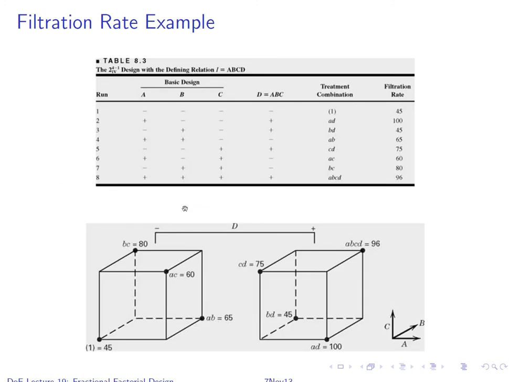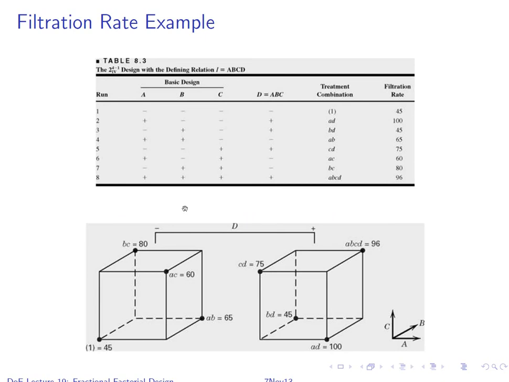So, here's the graphical depiction on the bottom. I see two cubes that represent the factors A, B, C, and the cube on the left is the cube where the fourth factor D is low, and the cube on the right is where the fourth factor D is high.